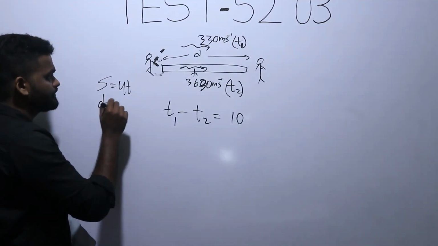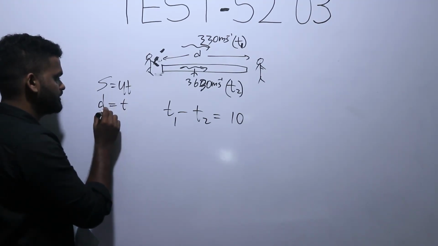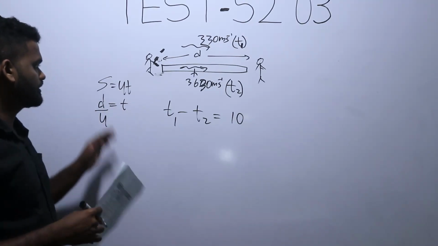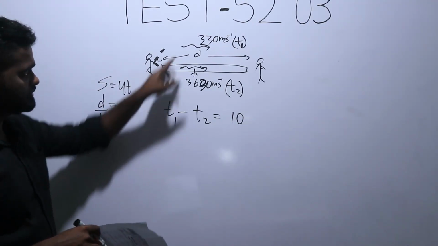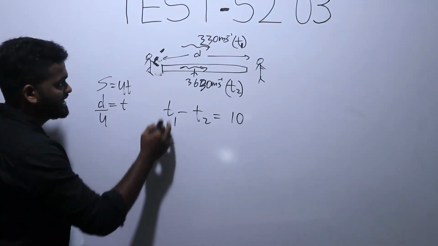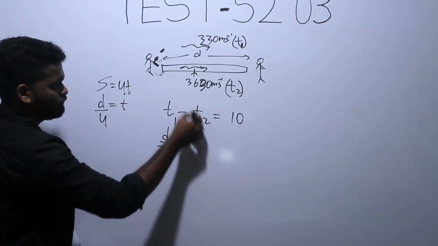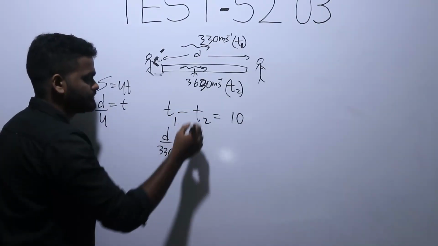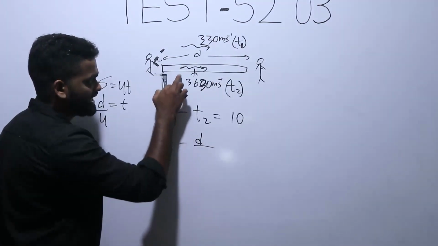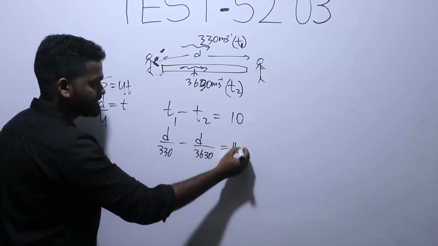That is d. If I apply this, time is equal to d divided by u. So instead of t1, I can put distance d, speed 330, minus through the metal pipe, distance is still d, and the velocity is 3630, equals 10.